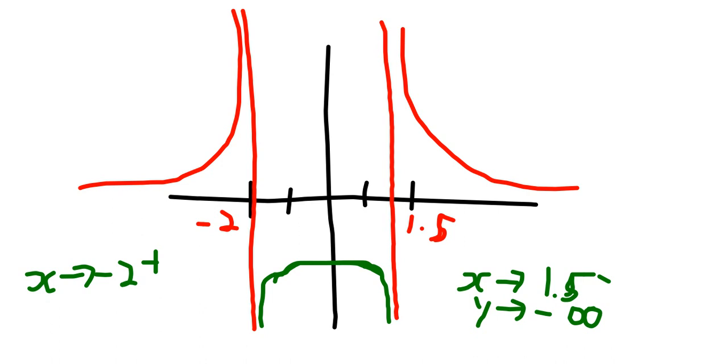Now, what is this local maximum value going to look like? Well, we have symmetry in this situation because we're dividing by a quadratic. So what we do know ahead of time is that that local maximum value is going to occur right at the halfway point between the two poles.